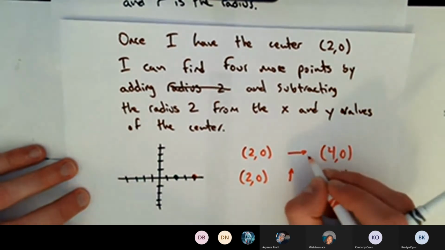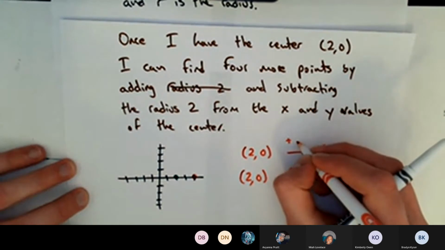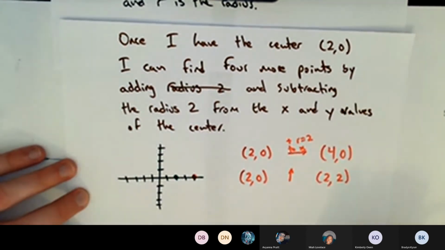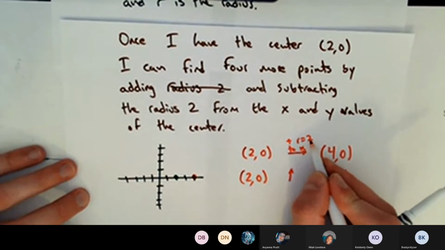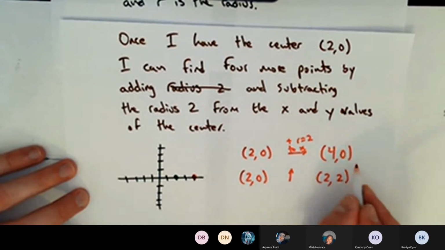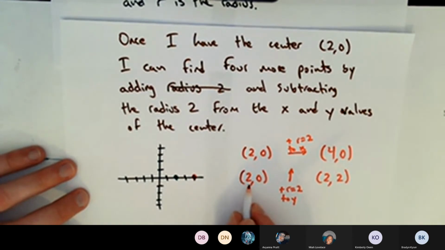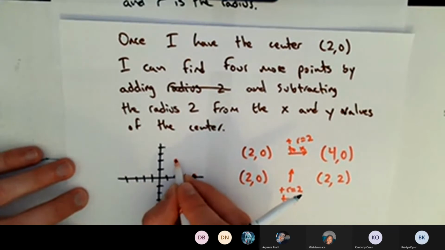So moving to the right, I'm adding r equals 2 to x. That's how I got 4, 0. Now here to go up, I'm adding r equals 2 to y. That's why the x stayed at 2, and 0 plus 2 is 2. Where's that point? It's up here.